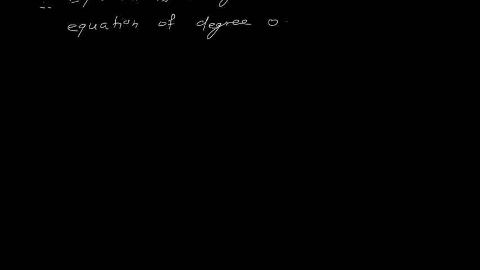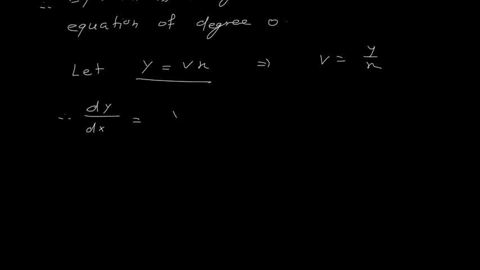So we will say let y is equal to vx. We can also say that v is equal to y upon x, but this is simple. y is equal to vx. Therefore dy upon dx will be v plus x into dv upon dx.